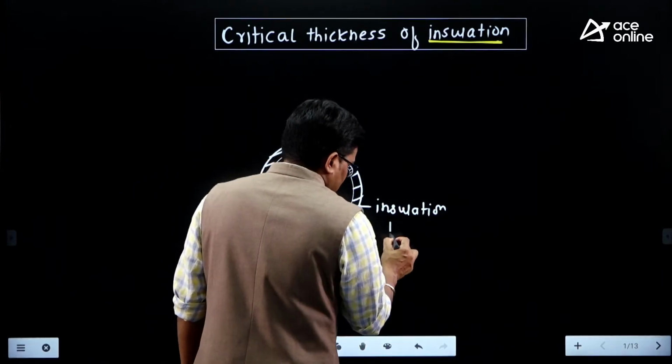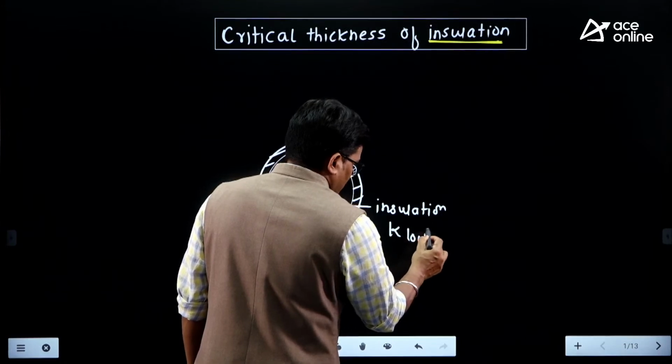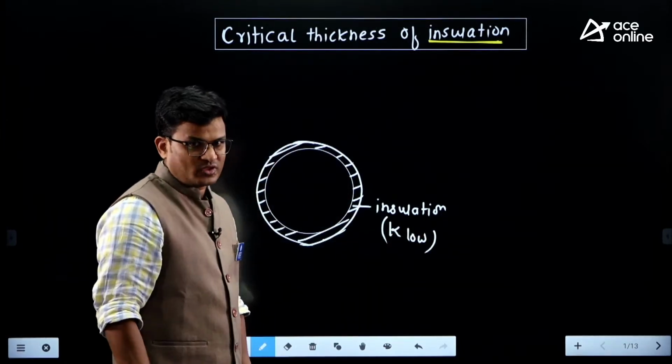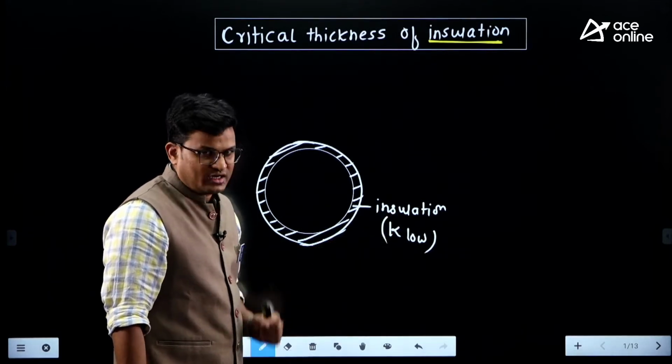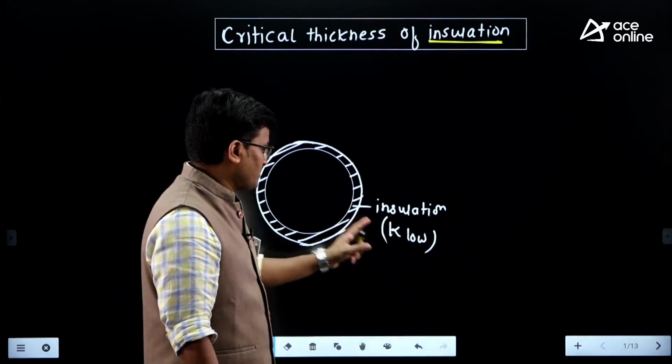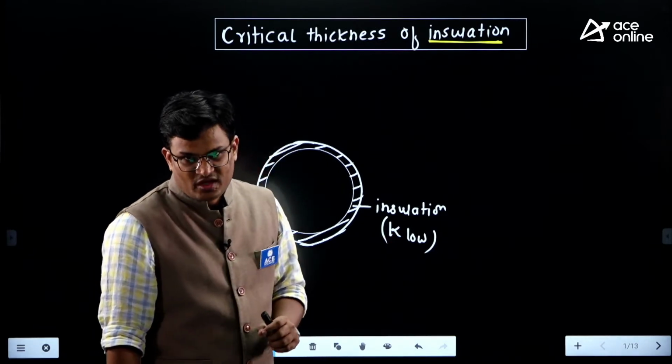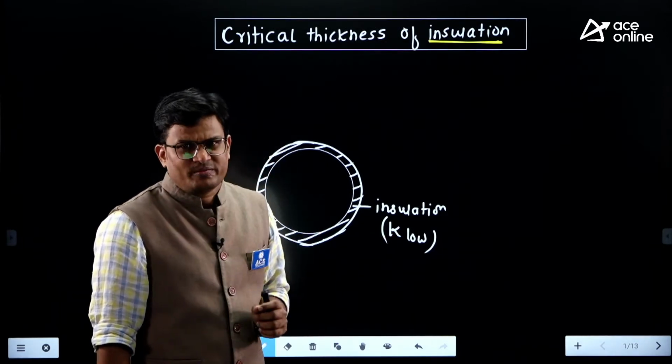Now whenever we say insulation, always remember K is always low. If you are saying that it is insulation, make sure that thermal conductivity is low. But remember one thing, K cannot be 0. Any insulator, some K value will be there.